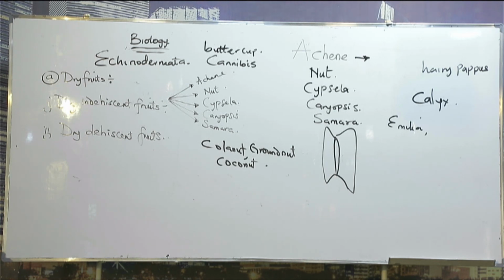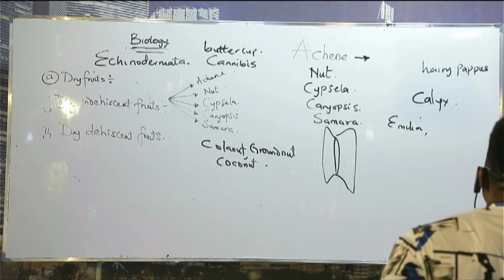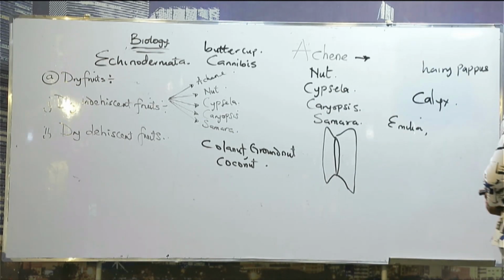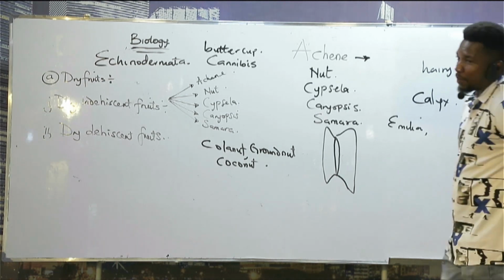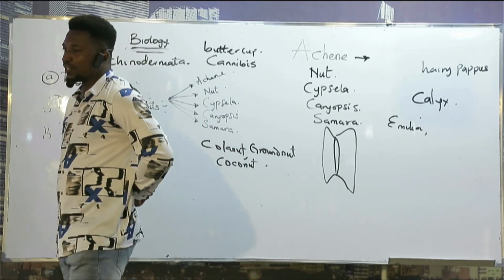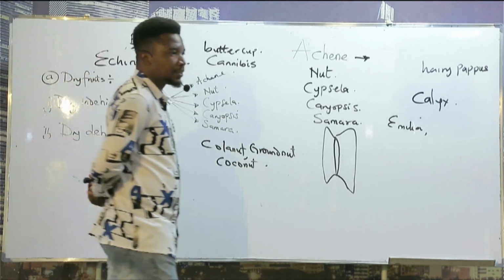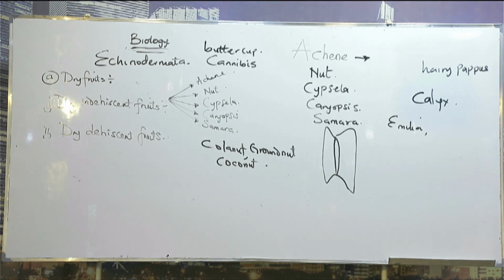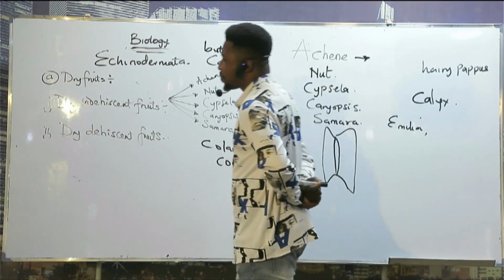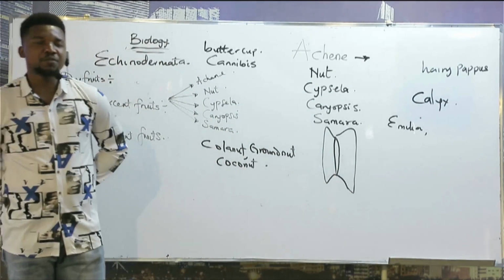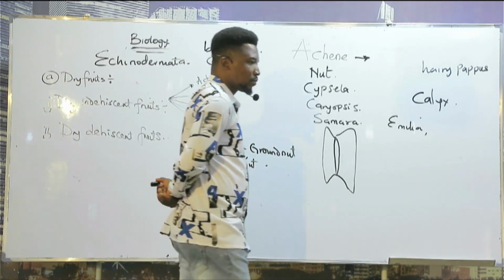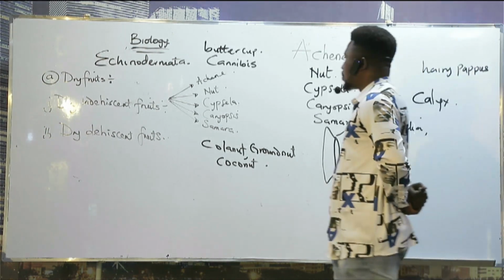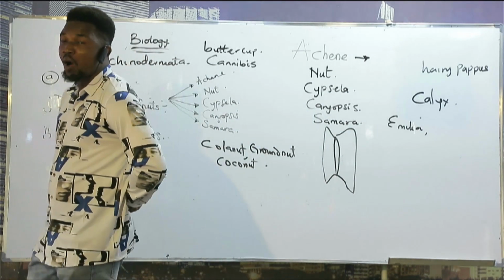It is a type of dry indehiscent fruit that has a persistent calyx or sepals that is modified into a hairy pappus. Full stop.